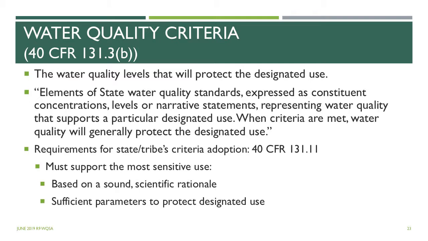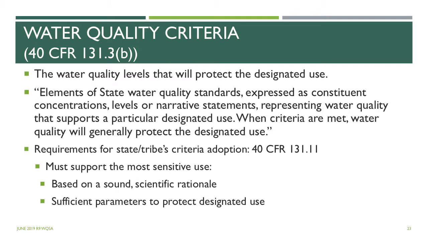EPA's requirement for criteria is that they must support the most sensitive use. So you can designate multiple uses for a particular water body, and they all might have different criteria needs. Where the criteria are related to the same parameter, you have to make sure that you're protecting the most sensitive one there.